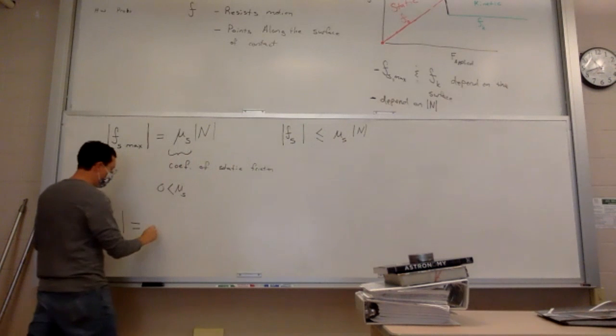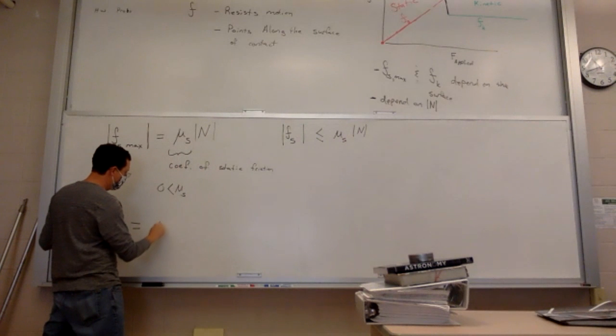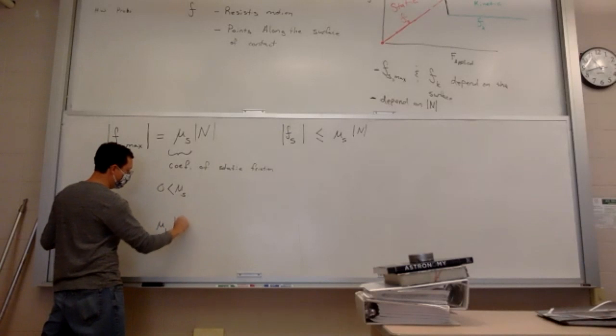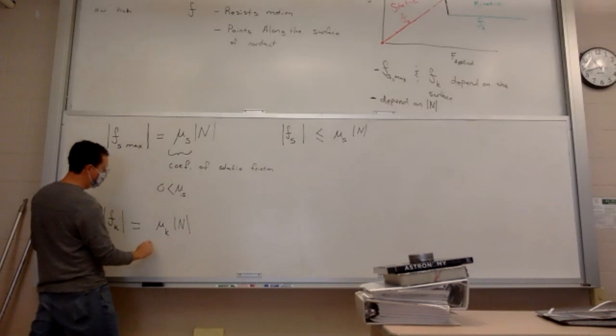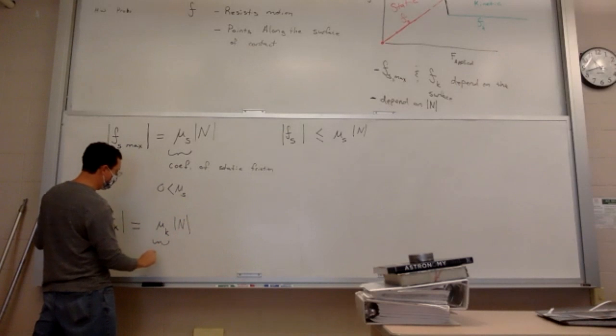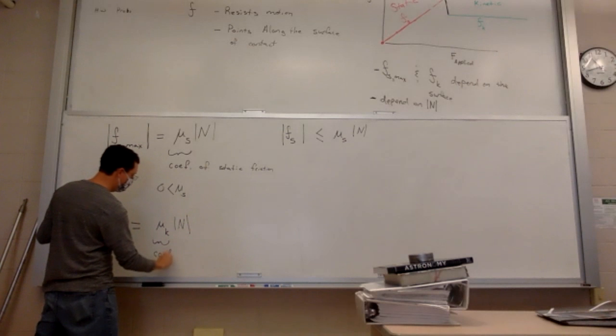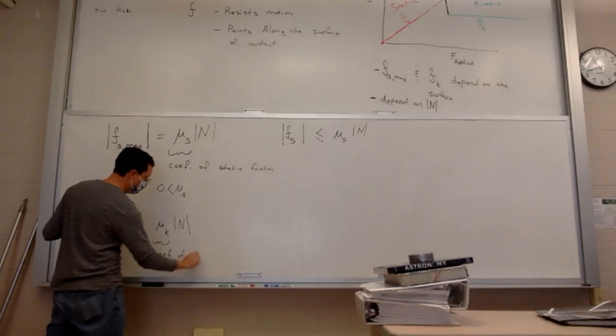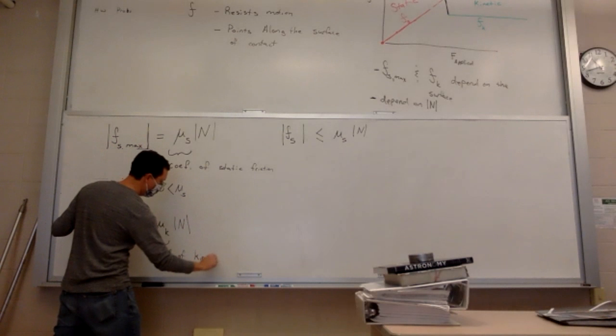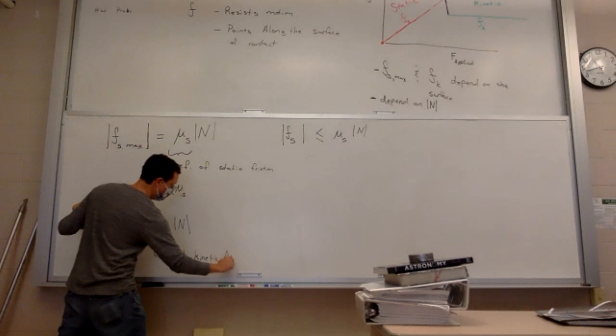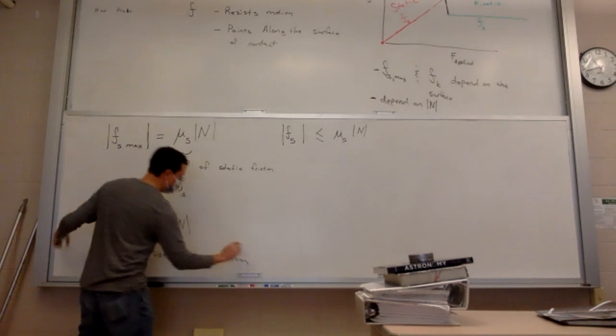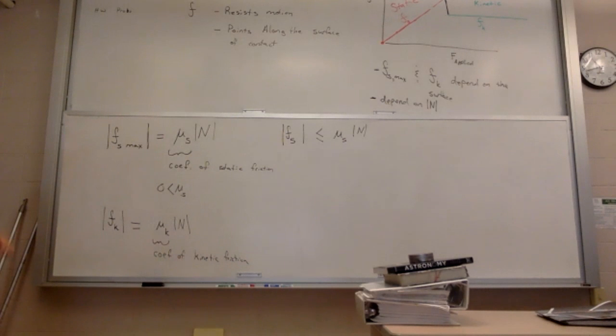So it's not too surprising that F sub k is mu sub k times the normal force. And this is the coefficient of kinetic friction.